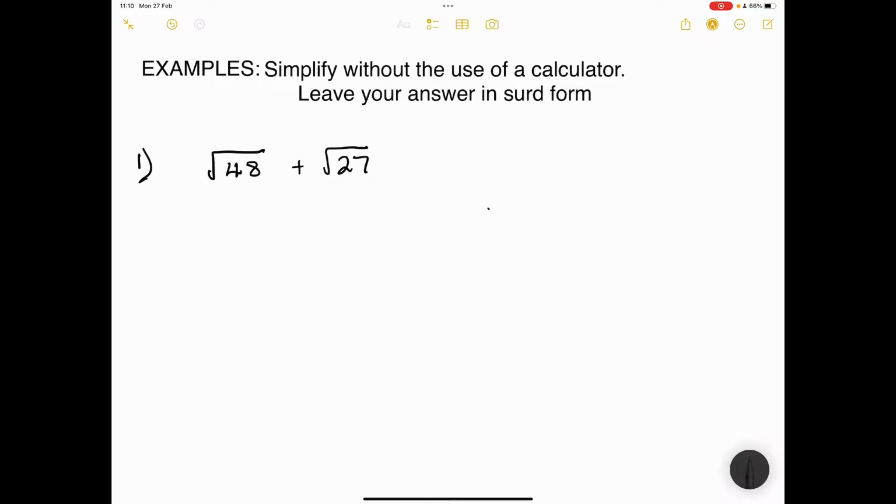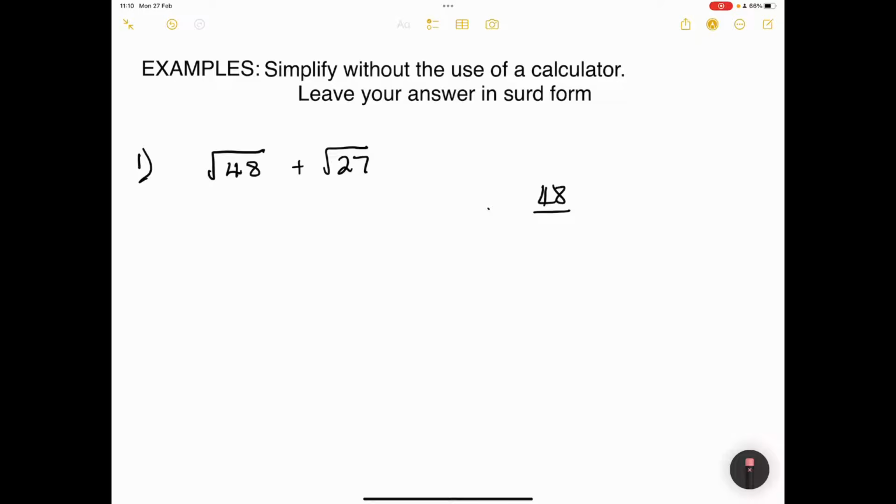Now, let's go for the first one, 48. If you think about it, if I said 48 divided by 2, that would give me 24, right? But remember, 24 is not a perfect square. 2 is a prime number, but 24 is not a perfect square. So what can I convert 48 to?